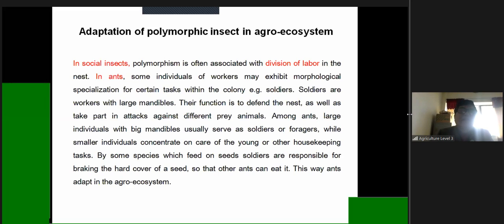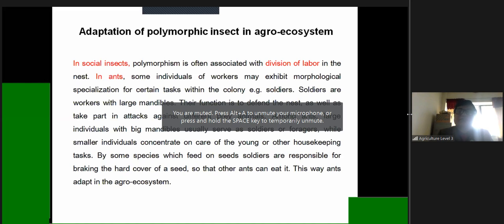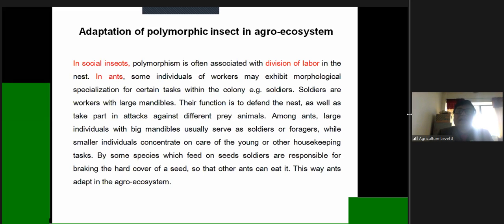Among ants, large individuals with big mandibles usually serve as soldiers or foragers. Foragers means the insects which search for food, while smaller individuals concentrate on care of the young or other housekeeping tasks. You see, among the ants, those with strong mandibles, that means the soldiers, they guard the nest from the attack of the enemies.